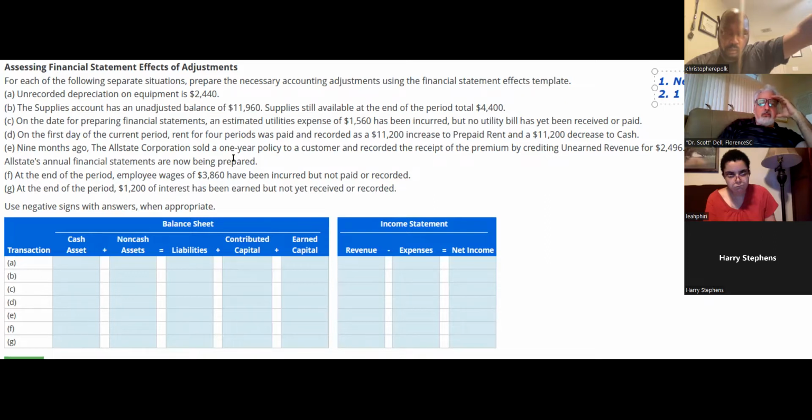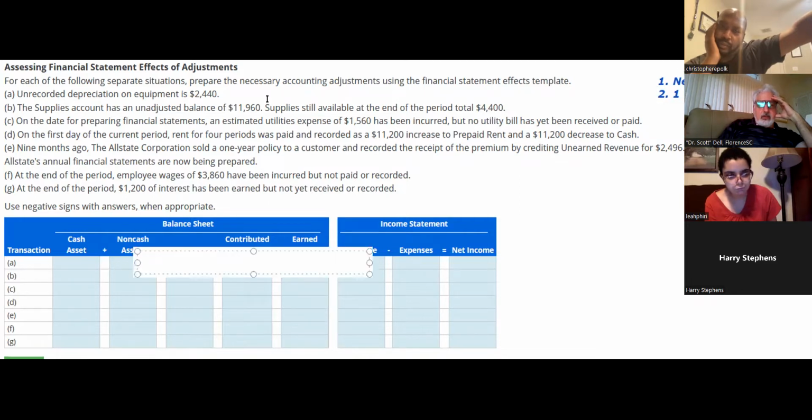What's changing? Leah, you want to take a shot at something that's changing on here? Non-cash assets go down by 2,440. Excellent. Do you know what it's called?